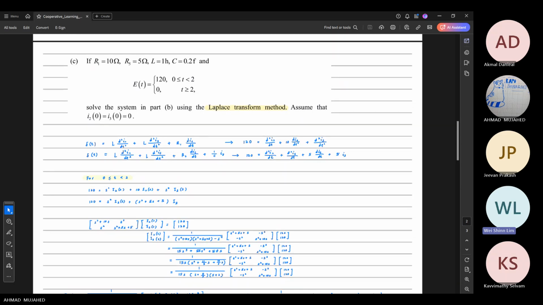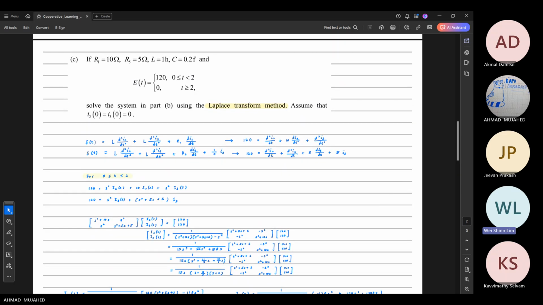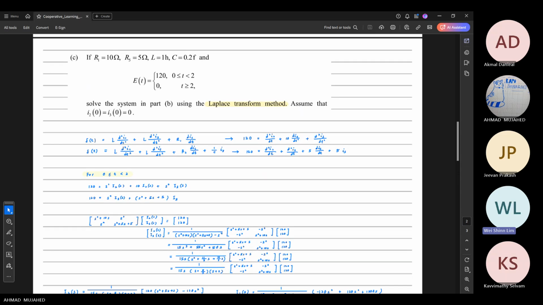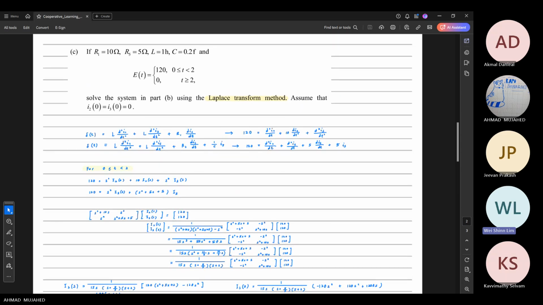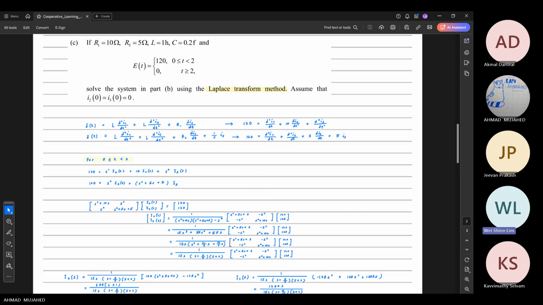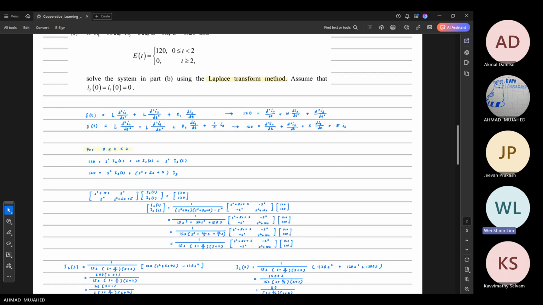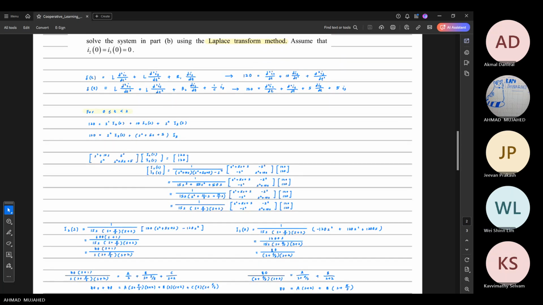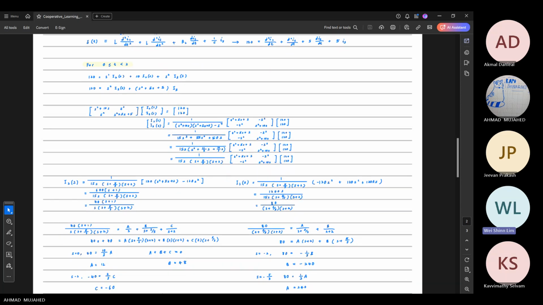We convert the equation in time domain to S domain, and then we will put it into a matrix form using the determinant and inverse function to find I2 and I3. Go down.